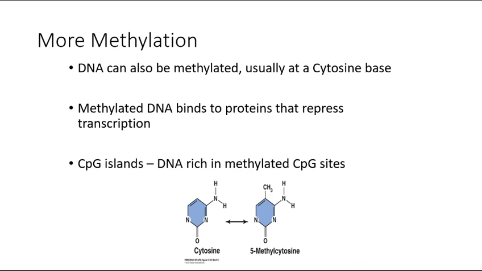When we talk about DNA methylation, usually it's going to be a cytosine base, and these methylated DNA proteins tend to repress transcription. Like I said, I usually think of this as a negative factor when I think of methylation. This is just something that we see, we call them CpG islands. These are areas where you have a lot of methylated cytosine present in the DNA at that one point.